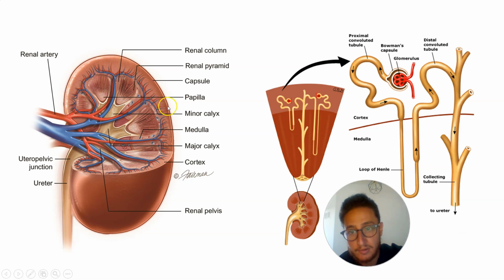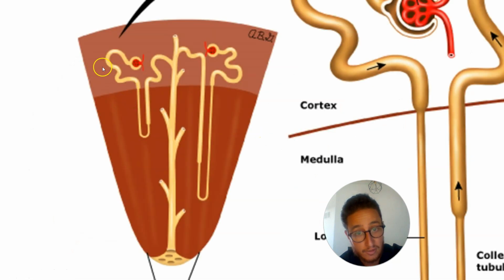This outer layer of the kidney is called the cortex. And this is where we dump a huge portion of the blood into a separate tube that's not visible in this picture here, but is visible right here. Here's the cortex. Here's some little tiny incoming blood vessels, and then there's another separate tube.